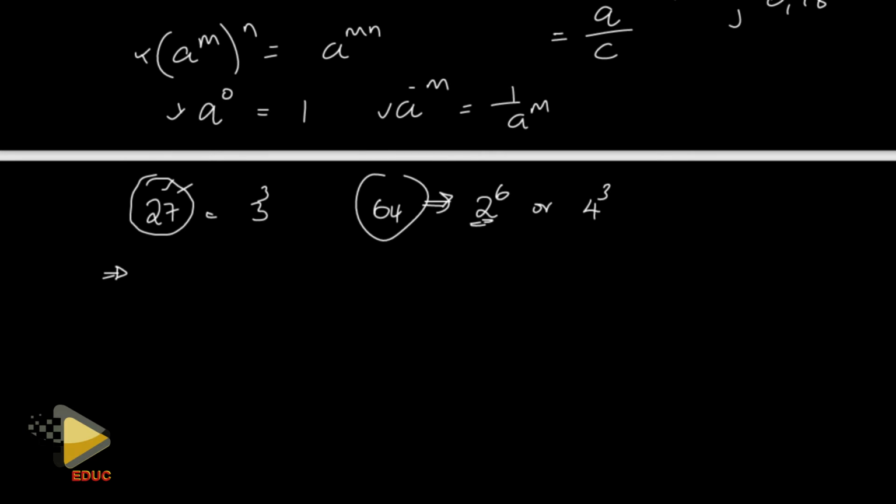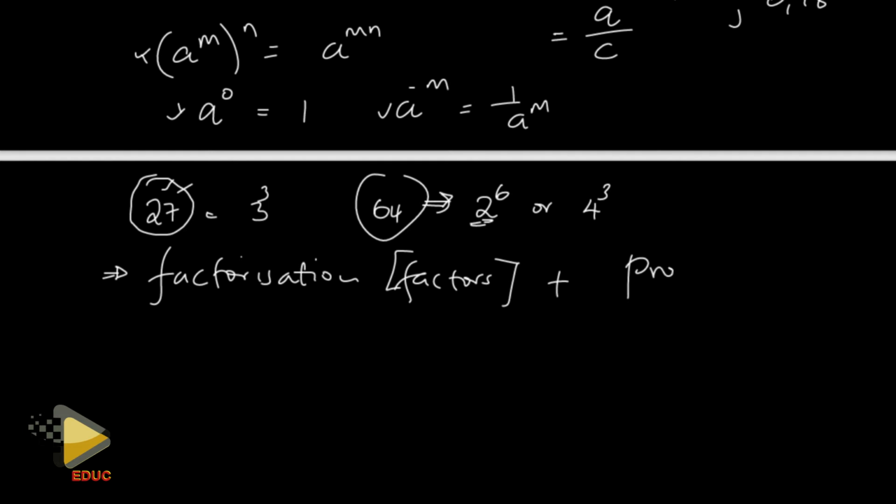And then the other part they also like is factorization. We can say factors or factorization, and I'm also going to add the products, because these go hand in hand.